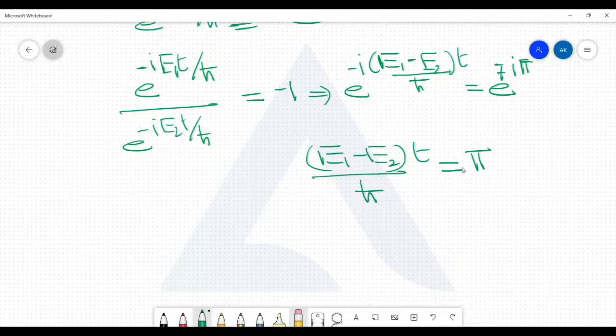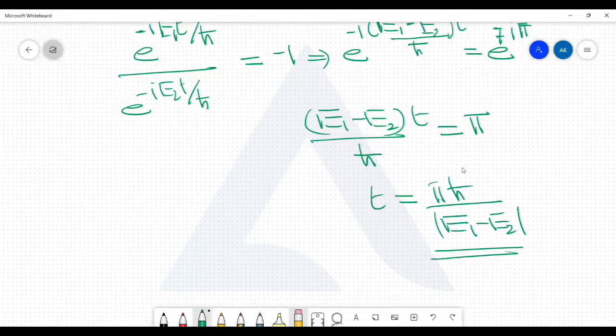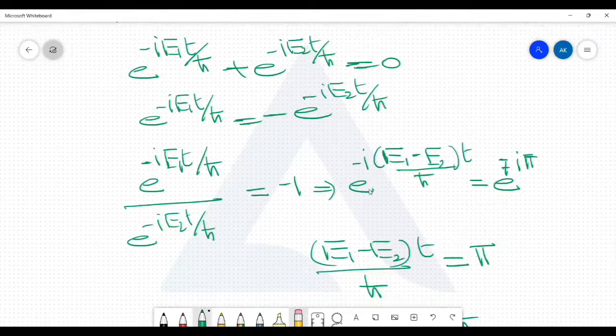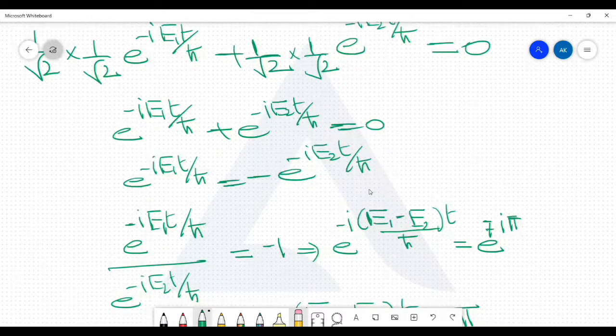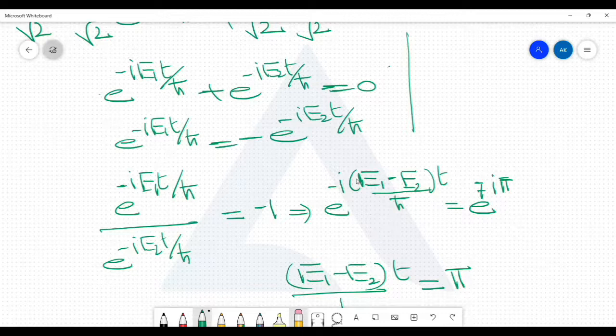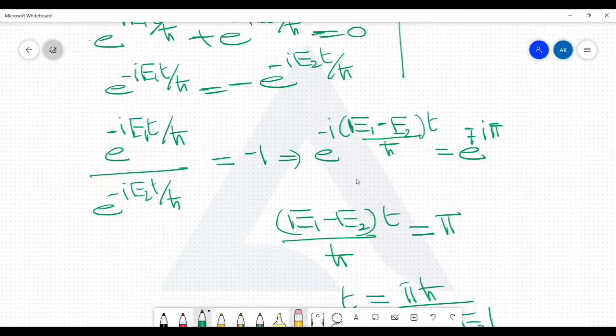Okay. Because sometimes you may get E2 minus E1. When you are taking this time, then everything will be reversed, right? The minus sign will go to the other side and the term E2 minus E1 comes here. No problem with that. You can simply adjust it, because if you take the minus outside, this becomes E2 minus E1, you can take plus only.